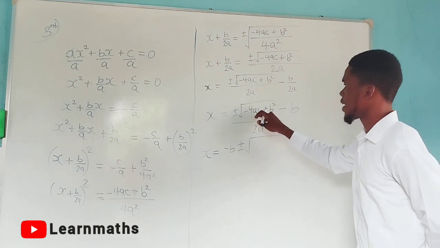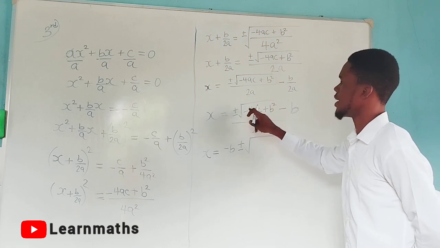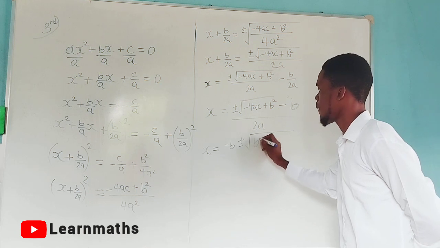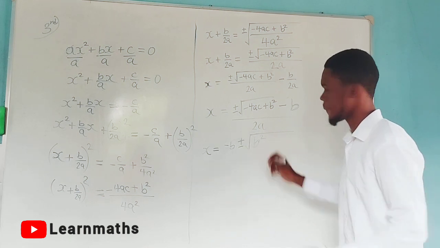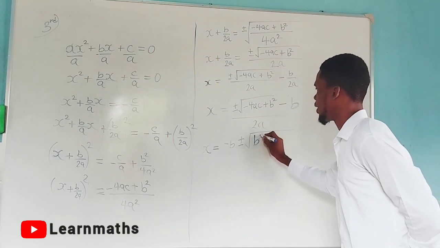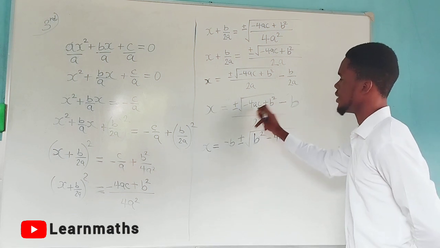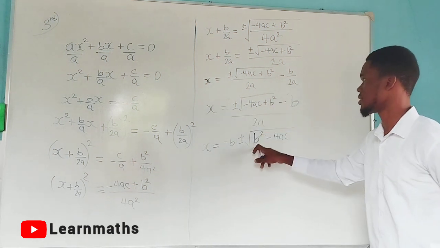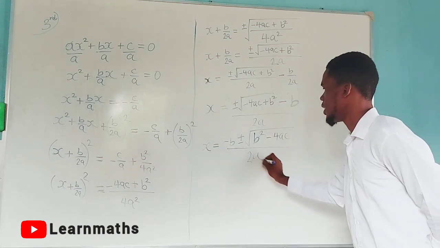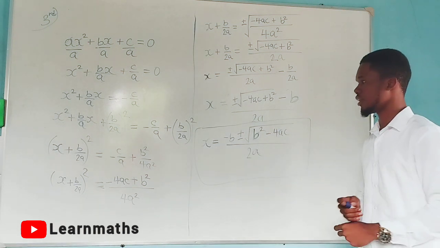To rearrange the terms in the square root sign, I'm going to have b squared coming first, then negative 4ac second. So b squared minus 4ac, I just rearranged their position, everything over 2a, right? So now this is the general formula for solving quadratic equations.